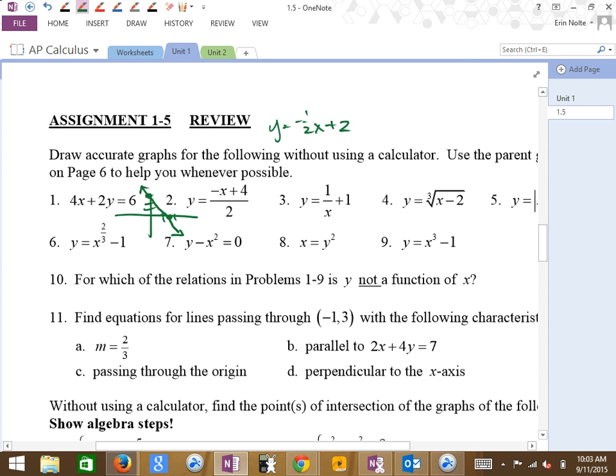Okay, now what is number 3? Number 3 has an x in the bottom, so that one is one of the hourglass ones. If I have a +1 at the end of any function, what happens? It goes up 1. So it's going to take that horizontal asymptote up 1 unit. So here's your asymptote. I'll draw a dotted line.